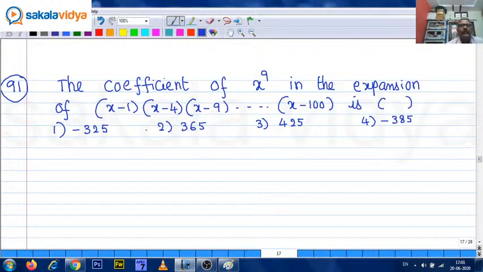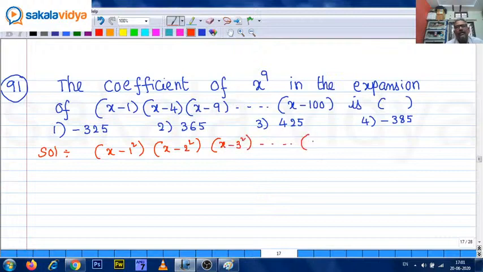Okay, so now your solution. We can write (x minus 1) squared, 4 can be written as (x minus 2) squared, 9 can be written as (x minus 3) squared, and so on up to (x minus 10) squared.